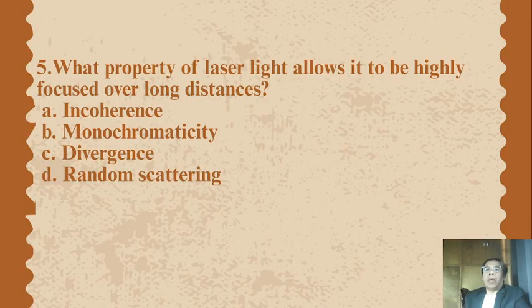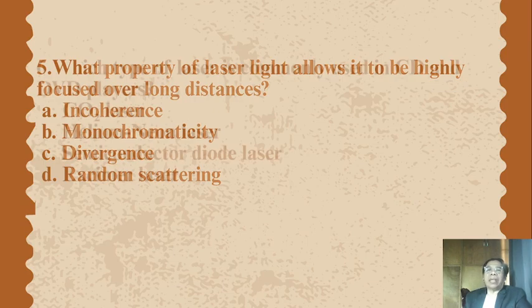Number 5. What property of laser light shows it to be highly focused over long distances? Letter A, incoherence. Letter B, monochromaticity. Letter C, divergence. Letter D, random scattering.